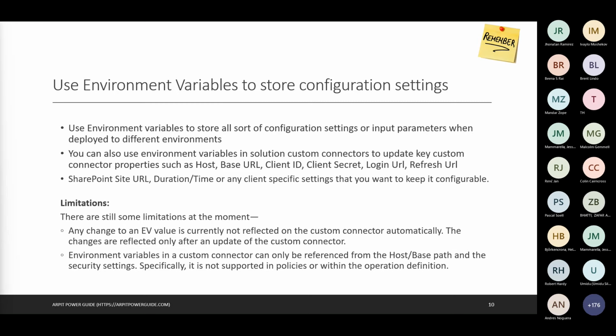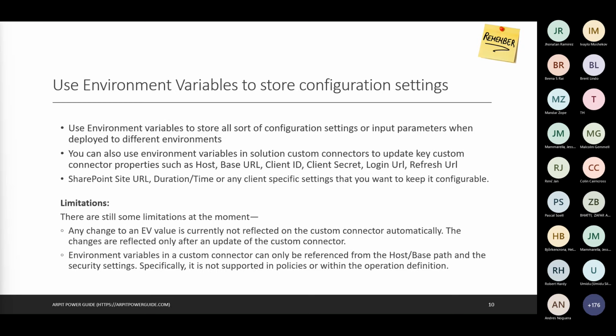You can also store duration and time. Sometimes the client requires you to send a reminder email after 15 days. You can put that 15 value in the configuration settings rather than hard coding it in Power Automate or any business logic, because later your client can say 30 days or 45 days.